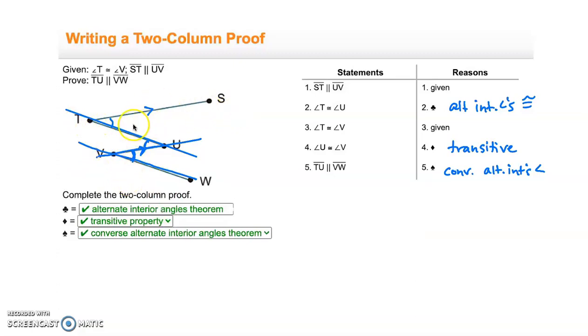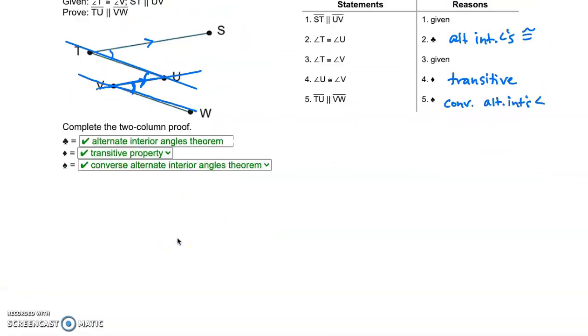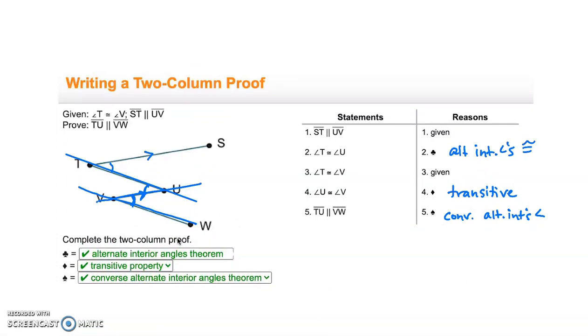So when we're given parallel lines, we can say that the alternate interior angles are congruent by that theorem. When we're given alternate interior angles and we want to prove lines parallel, then we use the converse of the alternate interior angles theorem.